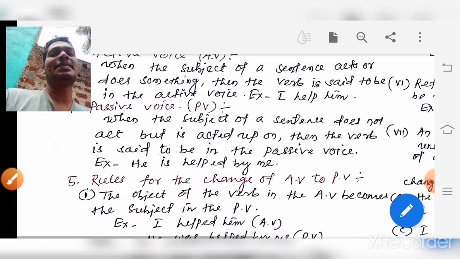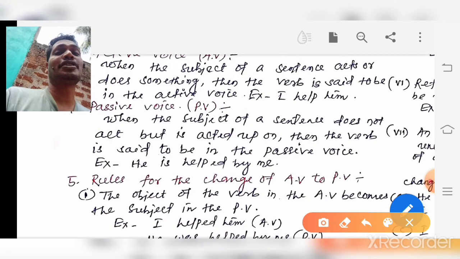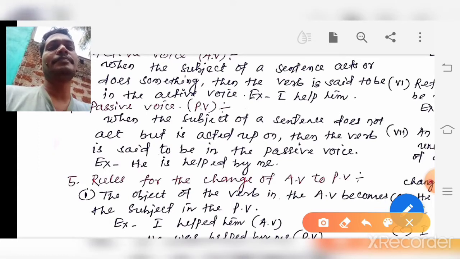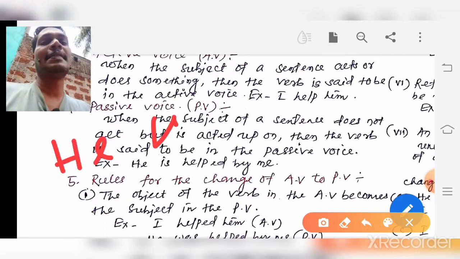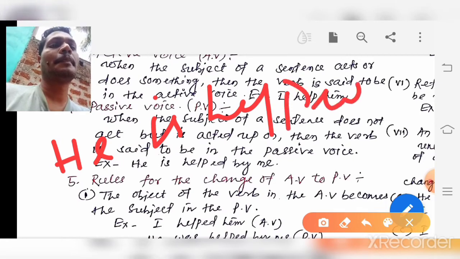So what is passive voice? When the subject of a sentence does not act but is acted upon, then the verb is said to be in the passive voice. For example, he is helped by me.